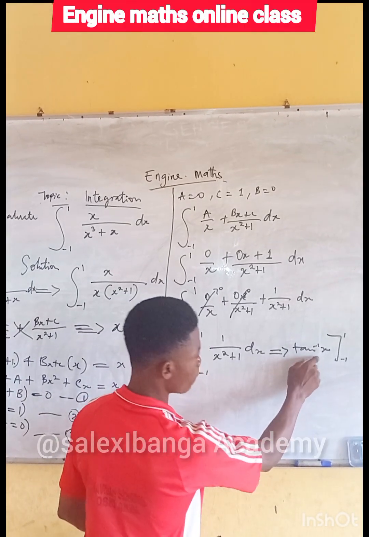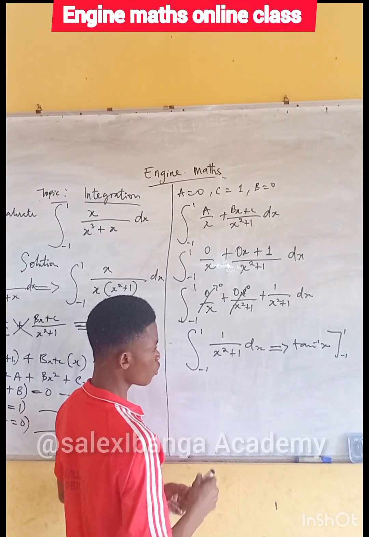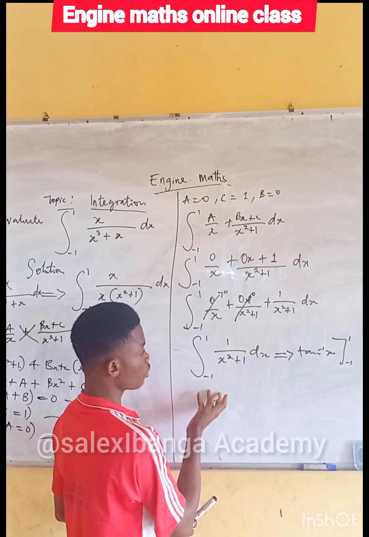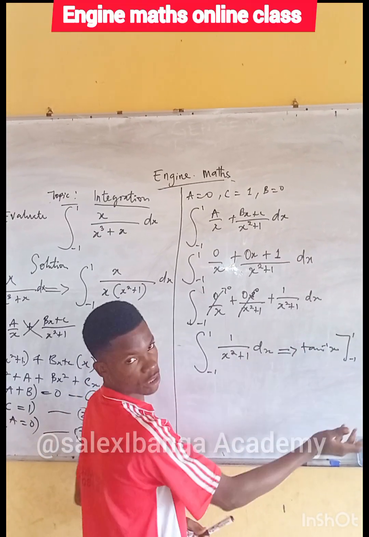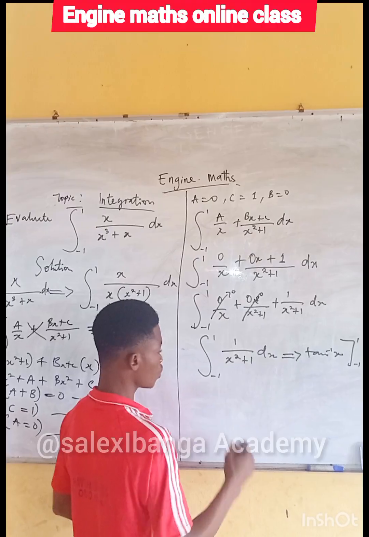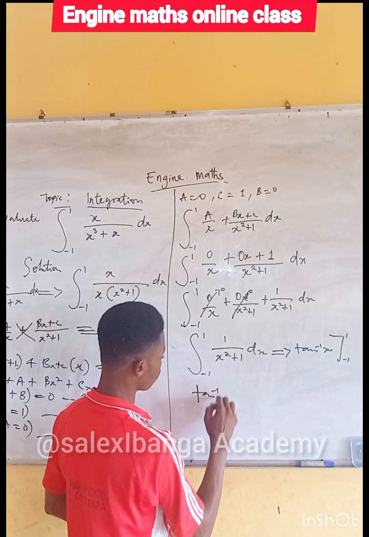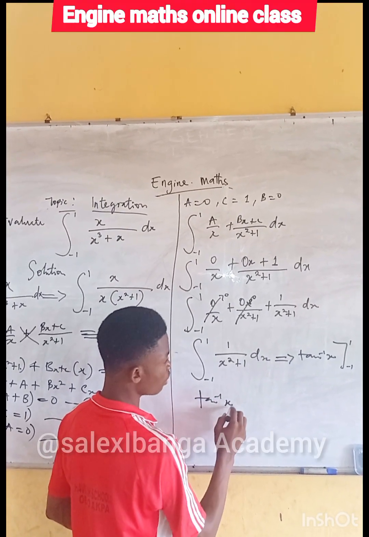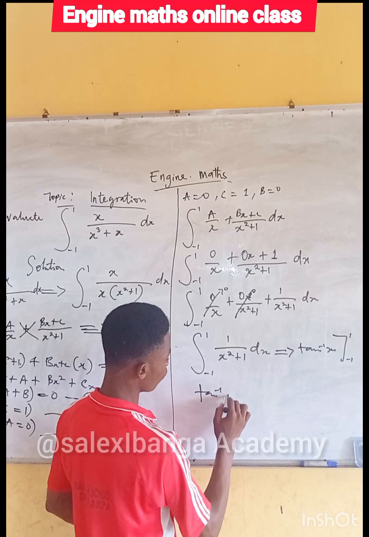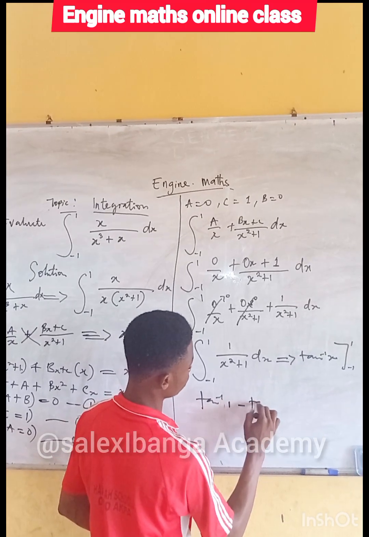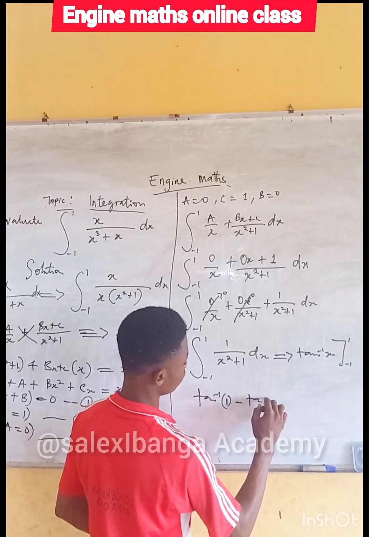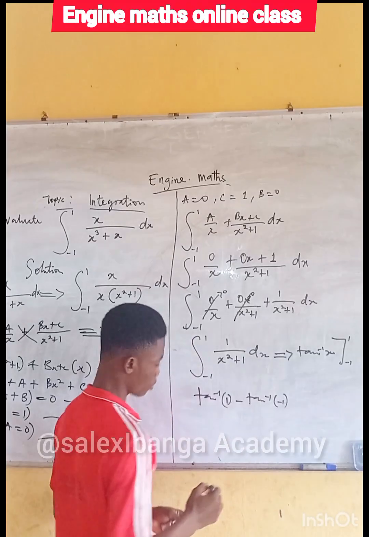So from here, let's penetrate our limits. Because we have gotten our integration, this is our final solution. The next step is to penetrate our limits. That will give us tan inverse of 1 minus tan inverse of minus 1.